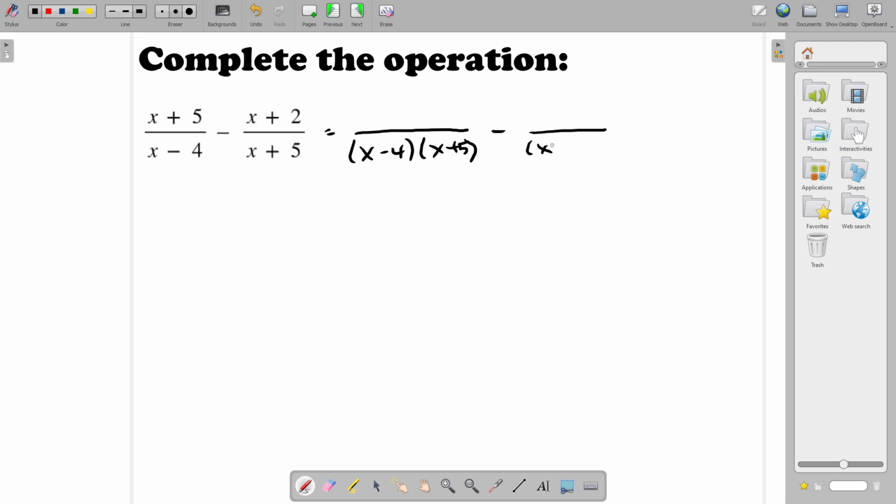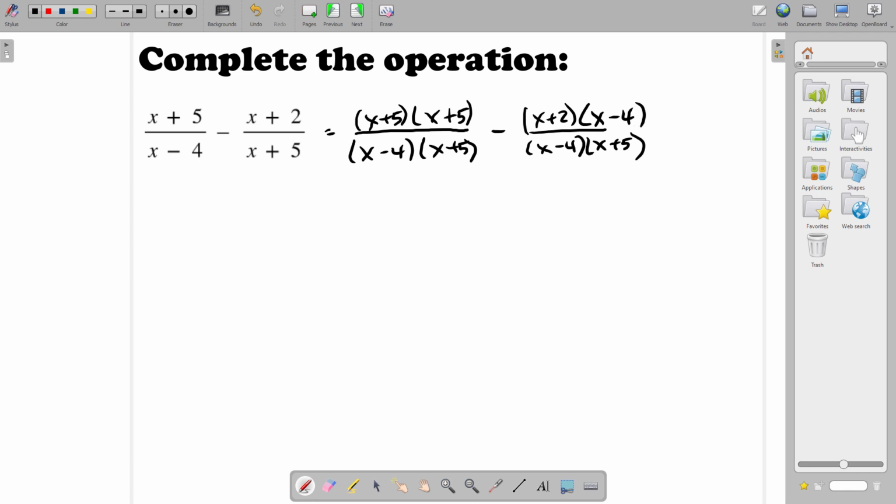And x minus 4 times x plus 5. I already have an x plus 5 on the top, but I'm multiplying by another x plus 5. And here I have an x plus 2, and I took this and multiplied by x minus 4 to turn it into this, so I need to multiply the top by x minus 4.